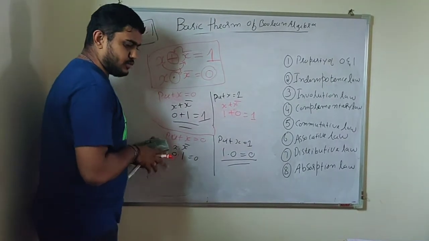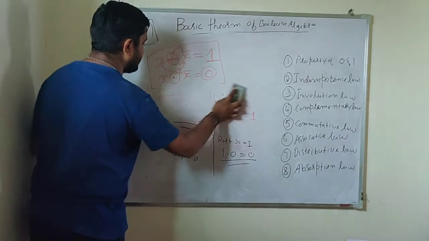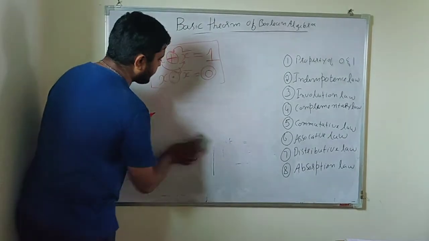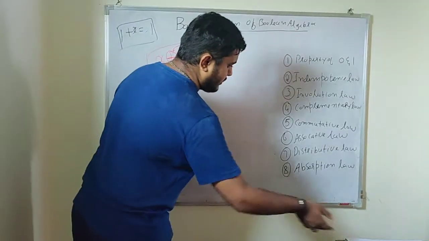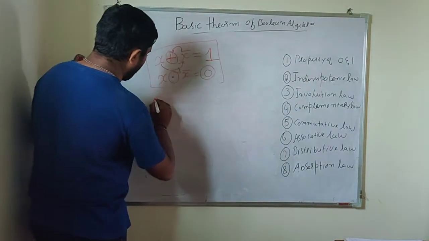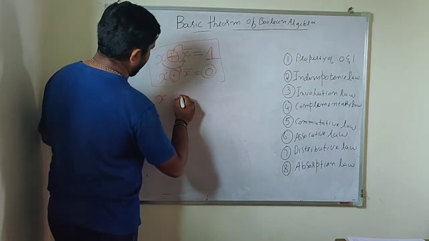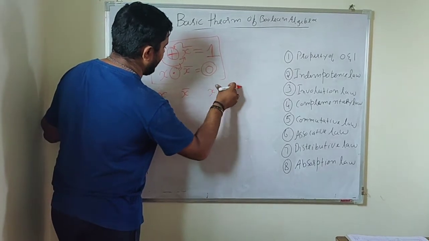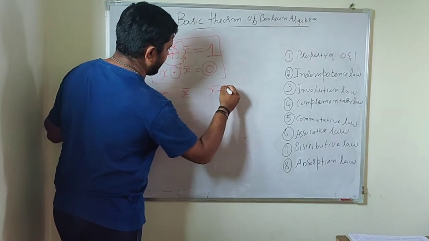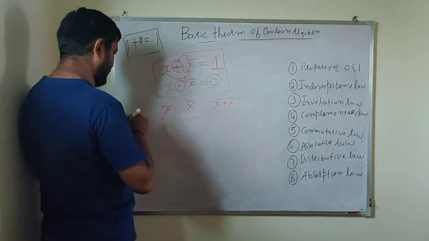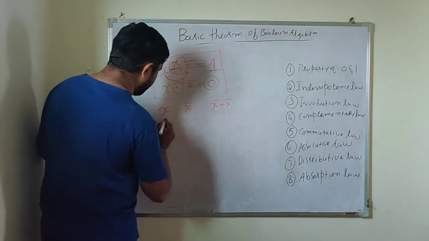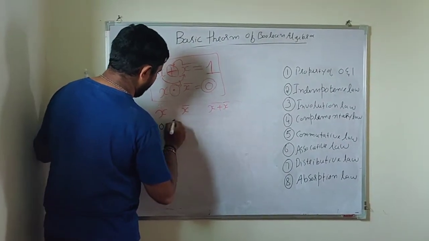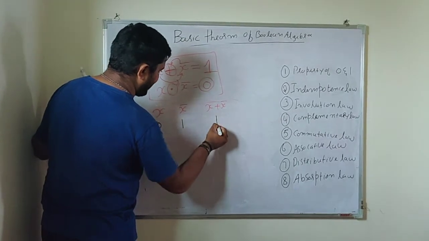So let us also try to prove this in a truth table. What will you get? x, x bar, x plus x bar. Now you see, first x is equal to 0. 0 bar is 1. 0 plus 1 is 1.